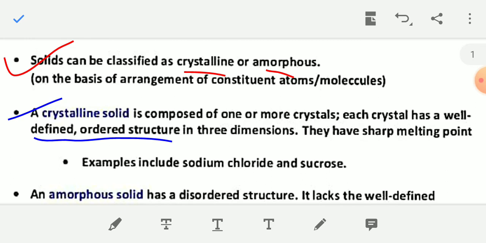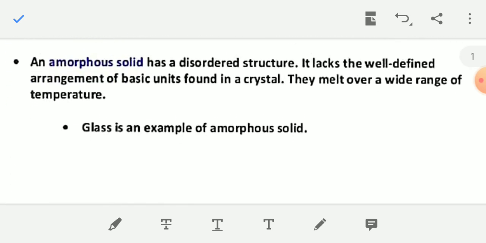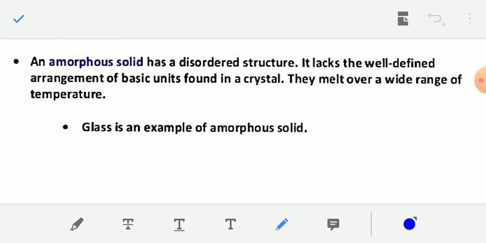Now amorphous solids. I have told that in amorphous solid the particles are not regularly arranged. They are disorderly arranged. An amorphous solid has a disordered structure.